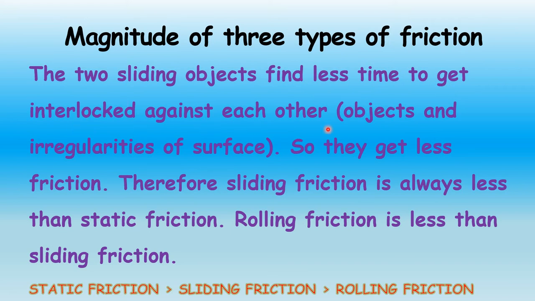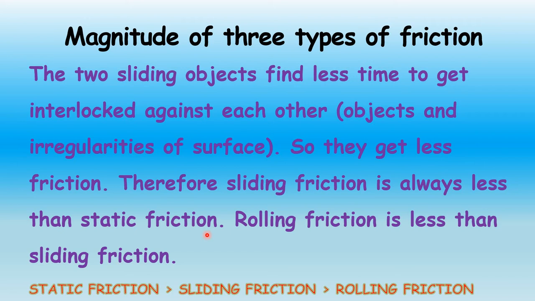We have studied in the previous class that this frictional force is due to the interlocking of irregularities on both the surfaces. When you start the motion of an object, we have to apply a large amount of force to overcome this interlocking of irregularities. Once it starts moving, the interlocking will be less because the objects find less time to get interlocked against each other. So sliding friction is always less than static friction.